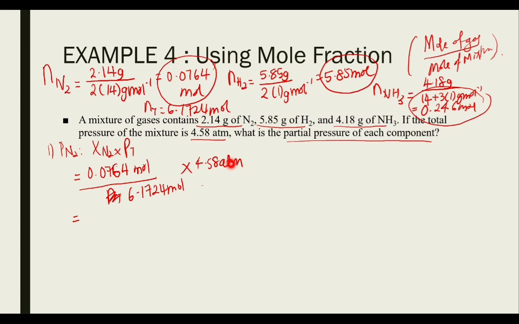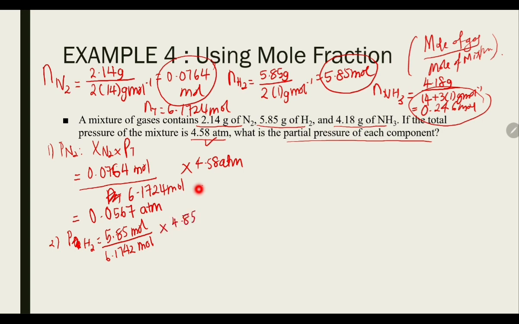If you press your calculator, you will get the partial pressure of nitrogen to be 0.0567 atm. The unit of partial pressure must follow the unit of the total pressure. Secondly, try to calculate PH2. Sorry, we don't have oxygen here. So 5.85 mole of hydrogen over total moles times the total pressure 4.58 atm.